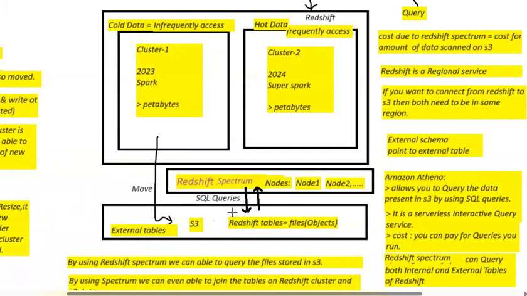One more thing you need to focus on is that under S3 you have bucket policies. In the bucket policies, if you deny Redshift, then you can't access the files present under S3. So you need to check two things. First, provide permissions to Redshift Spectrum using IAM roles, and then make sure you have not denied Redshift access to the files in your S3.